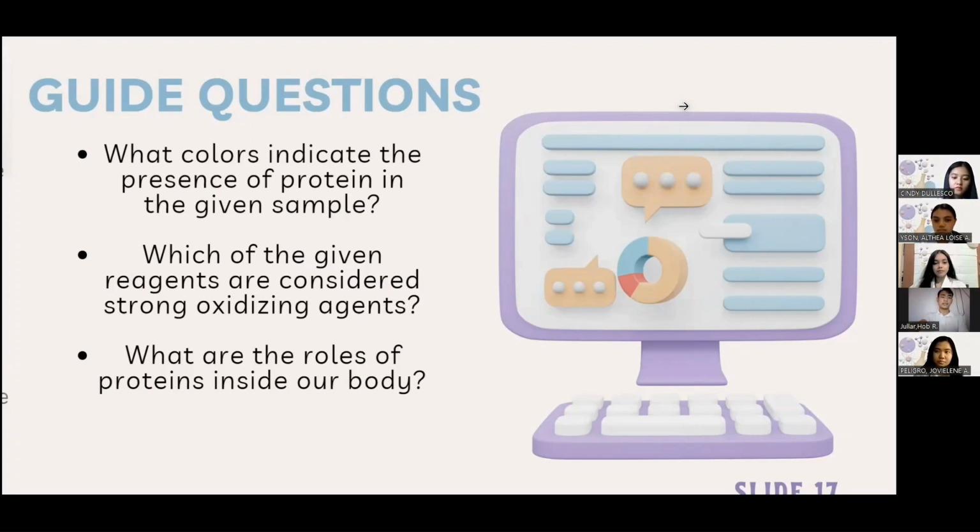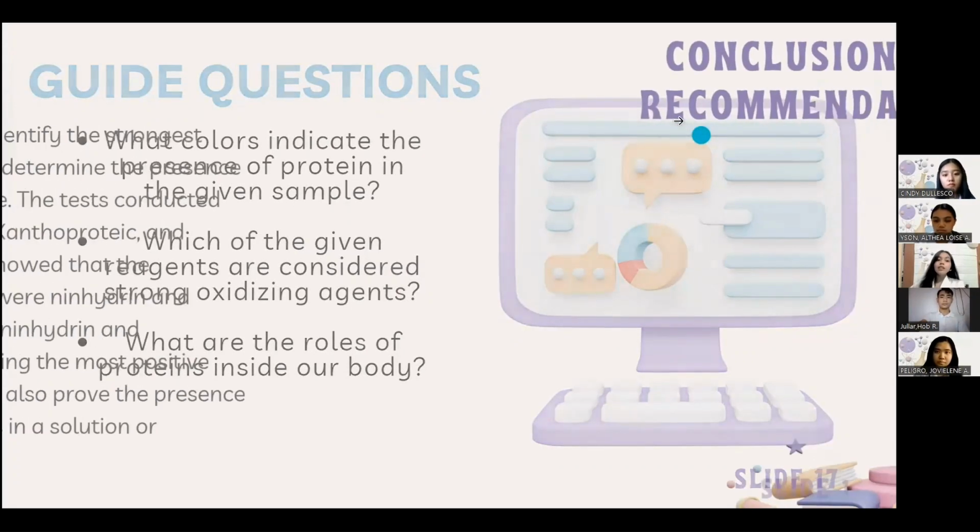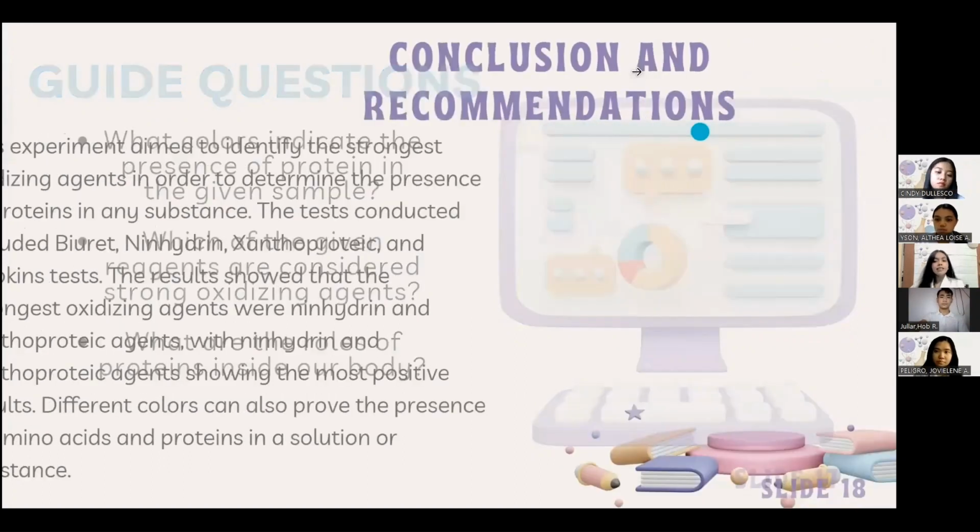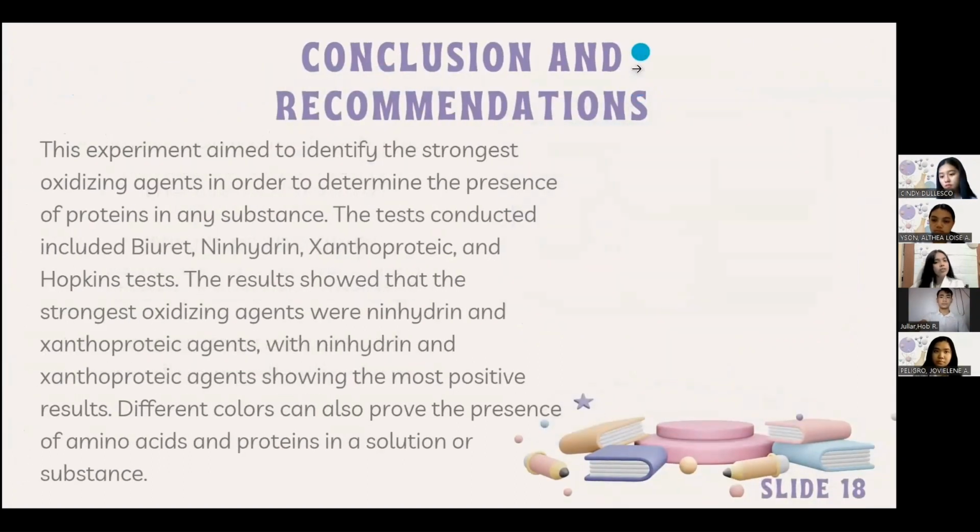Can you proceed, Miss Tina? Thank you very much, Mr. Jullar. So Experiment 3, which was conducted about protein analysis, expanded the knowledge of students not only on the importance of protein and how it can be easily distinguished in substances, but also on how the components of each sample affect the reaction when a reagent is mixed with it.